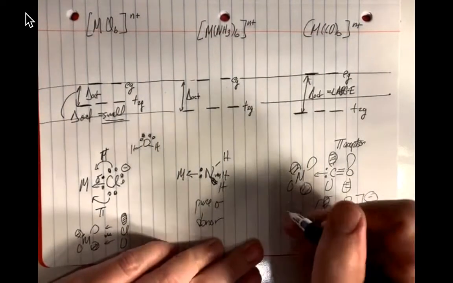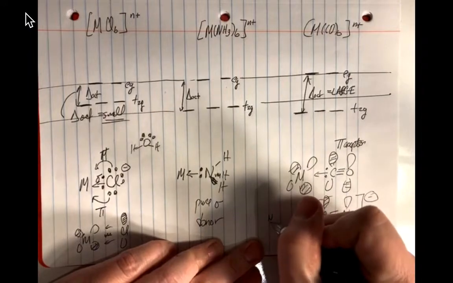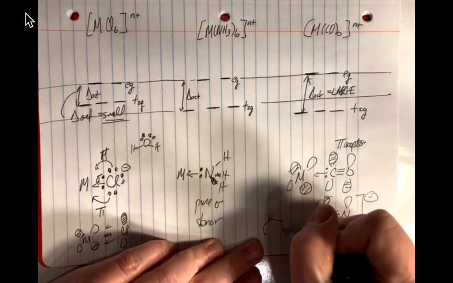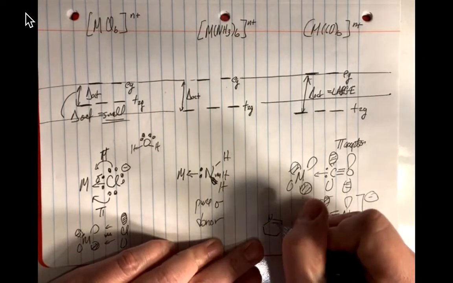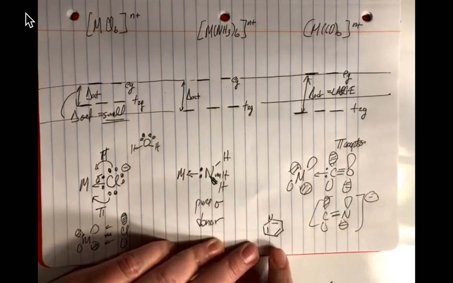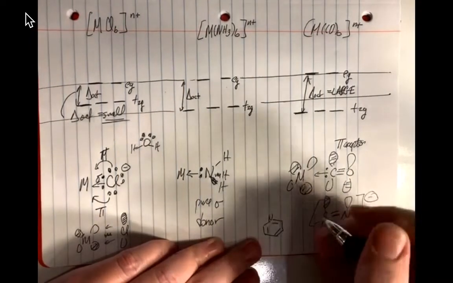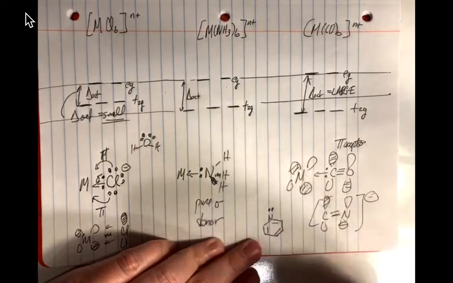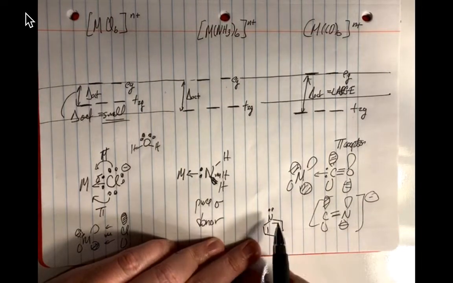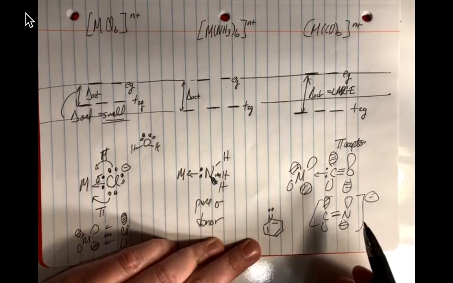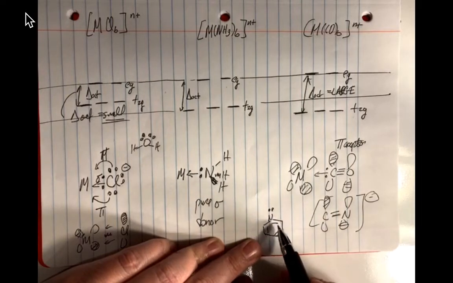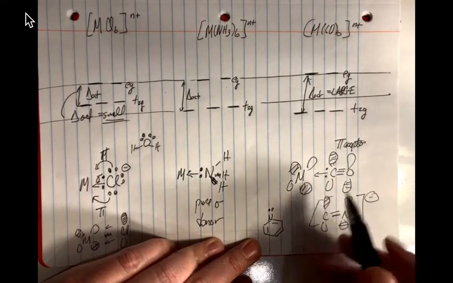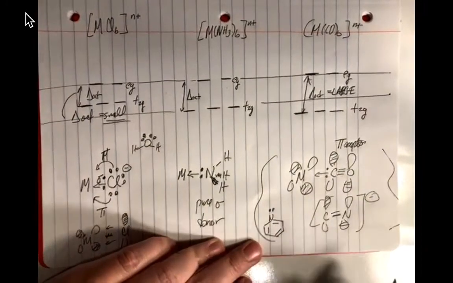So another one that can do this is pyridine. Pyridine, it's a six-membered ring like benzene that has pi bonds all the way around, and it's got a lone pair here that can donate into a metal center. If there's a pi bond there, there's also a nearby pi antibond, and so it also is a pi acceptor type of complex.